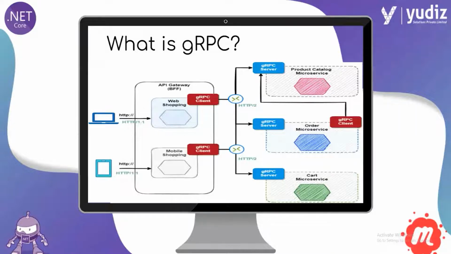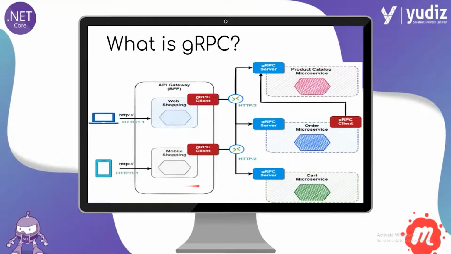So this is how we implement gRPC in our microservice projects. First is our user interface over HTTP, our normal browsers, and from the user side we send the request. It goes to the API gateway, and the API gateway implements the gRPC client, which will deserialize the requests and send them to the server side.